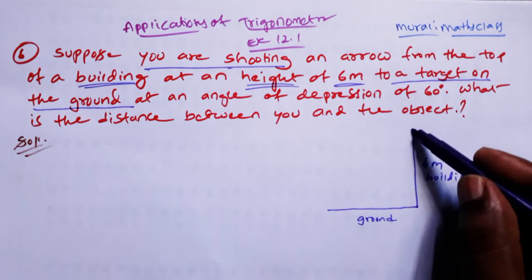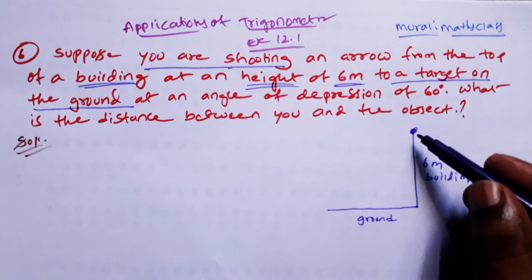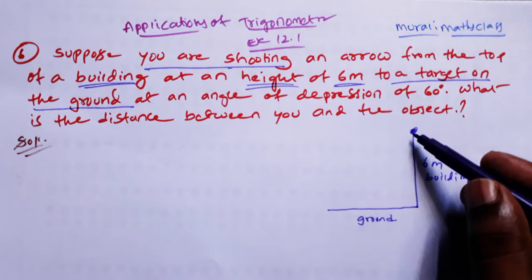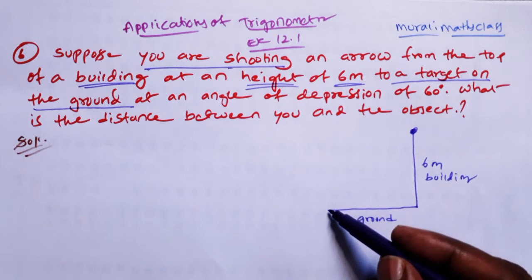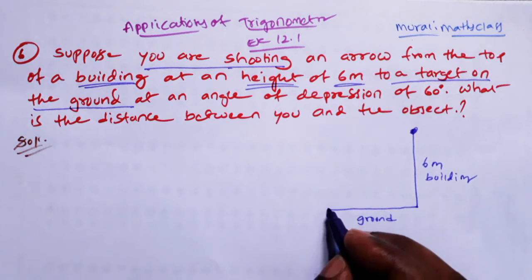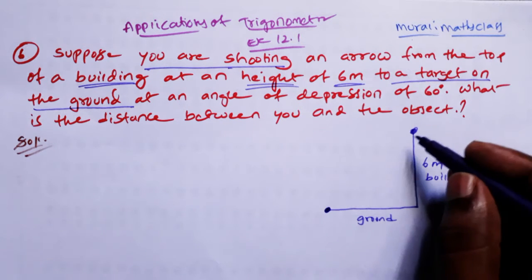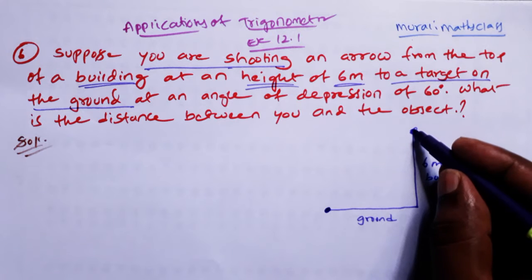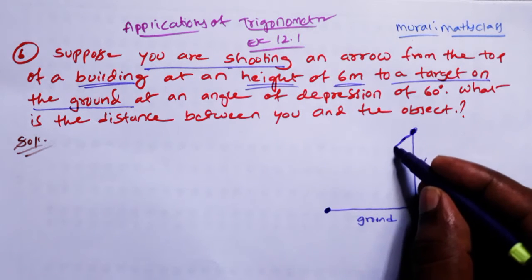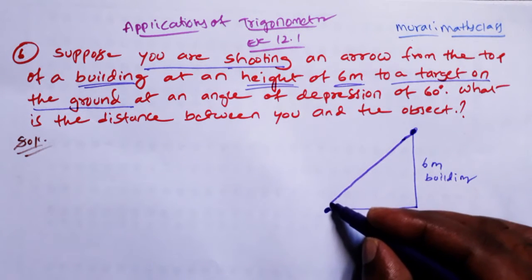From this top of building to some target. So on the ground some target is there. From the top of the building you are shooting like this, to the target you are shooting like this.